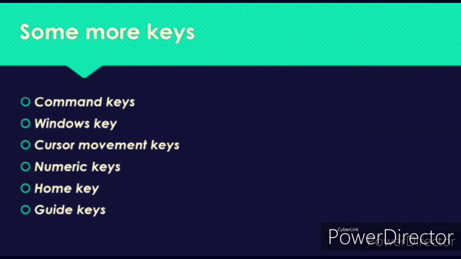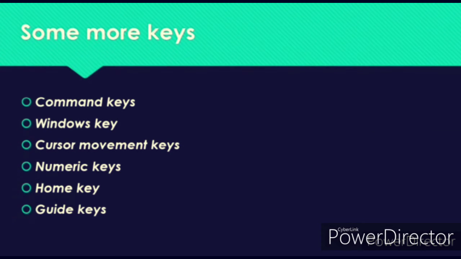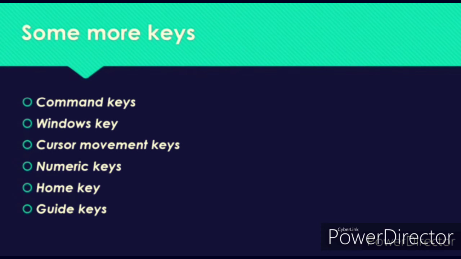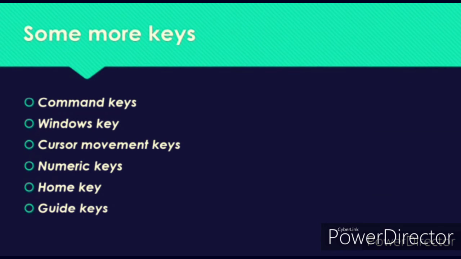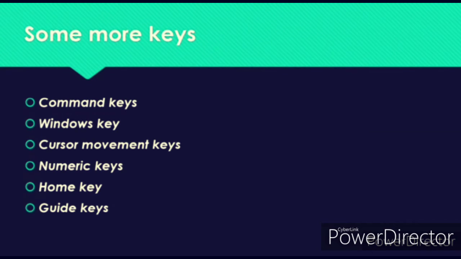Numeric keys are used when numeric data is to be entered into the computer system. It is like a simple calculator by which you can do various types of mathematical functions, that is sum, multiplication, division, subtraction, etc.